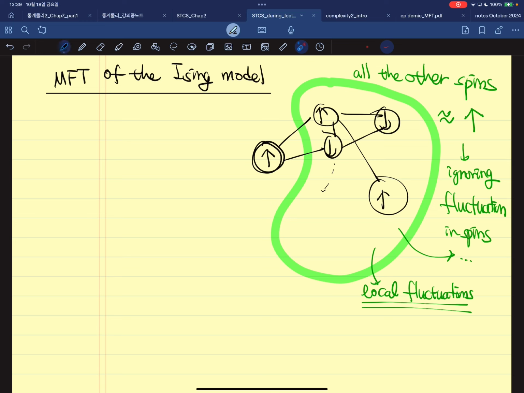So let's start from the interacting part of the energy system. The subscript here means that we don't care about the external field. We only care about the minus J sum over ij, Si Sj.